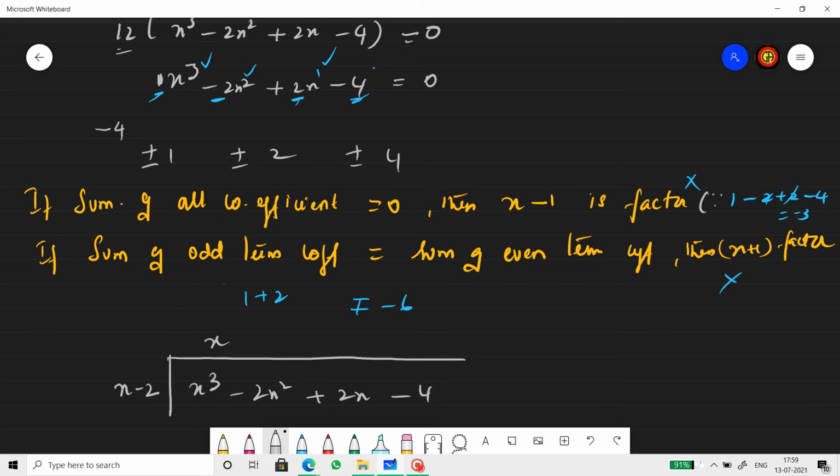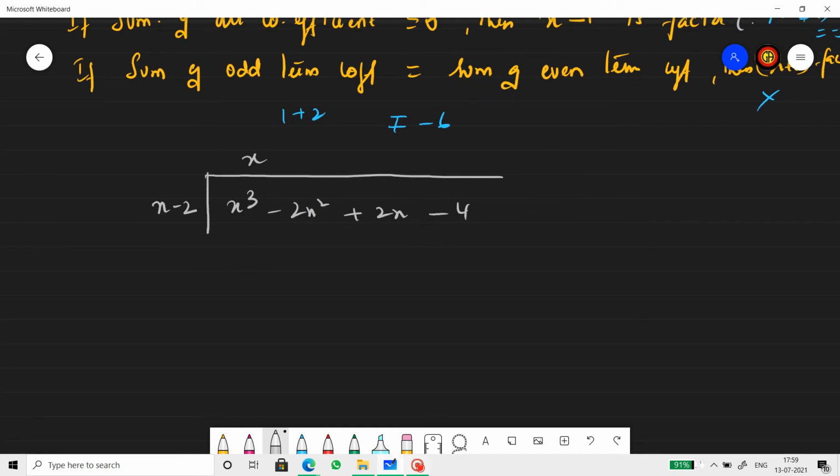Long division. X times x square times. So it's x cube minus 2x square. Change the sign, so this will get cancelled. 2x minus 4 will come down. Plus 2, so 2x minus 4, 0.